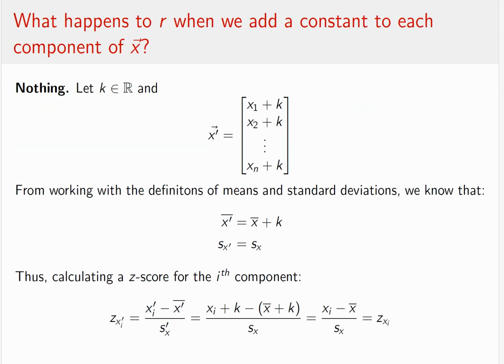Okay. And what happens when we add a constant to each component of x? Right, so this is adding a constant to each component of x. Well, it just increases the mean by k, right? Each of the values in the data set gets k added to it. So I'm taking the mean with k added to each number, and then you can do that formula yourself. It's not that important. The standard deviation doesn't change at all. Why? Because the dispersion of the items is still the same.